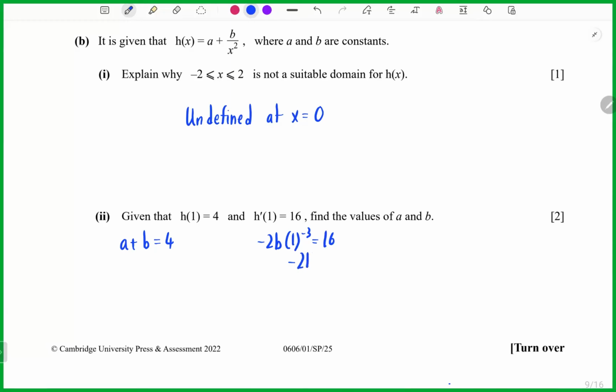So negative 2b equals 16, so b you will get negative 8. So a minus 8 equals 4, so a equals 12. Okay, so you get that.